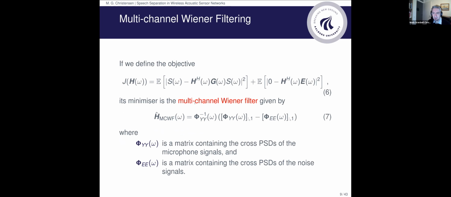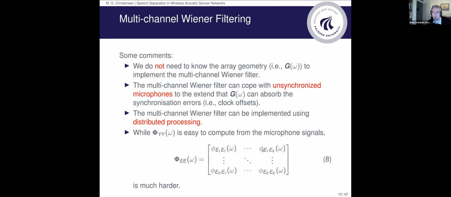Then the minimizer of that combination is the multi-channel Wiener filter, and it has this well-known kind of solution that you see here, where we have the inverse of the observed signal covariance matrix, and the first column of the matrix there, and then we have phi_EE, which is the cross power spectral densities of the noise signals that we see here. So we have these two quantities that we need to know to compute this. And of course, the observed signal covariance we can easily compute, but what's more difficult is how we find the noise statistics.